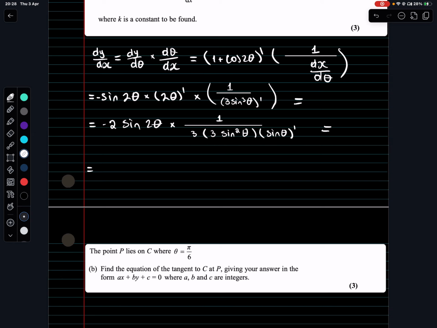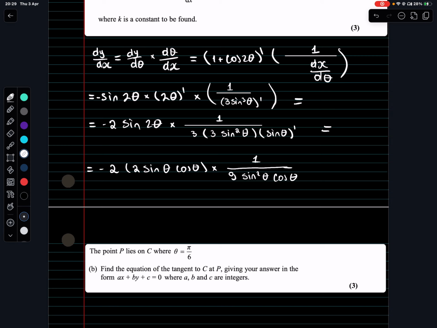Let me write negative 2 sine theta cosine theta instead of sine 2 theta. I'm almost done. On the bottom there's a 3 times 3, so a 9, and sine squared theta, and then the derivative of sine is cosine theta.